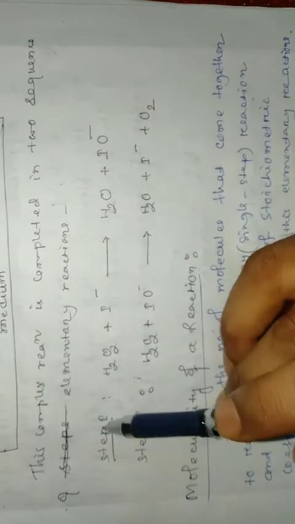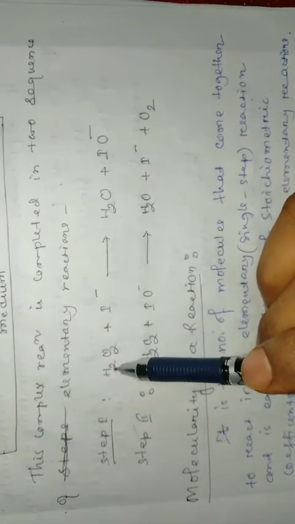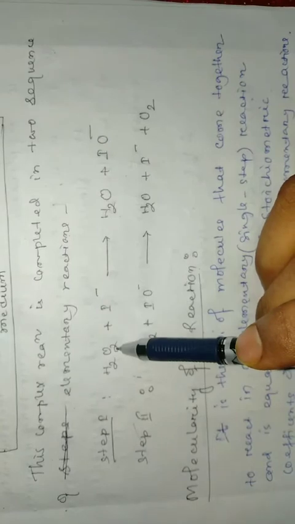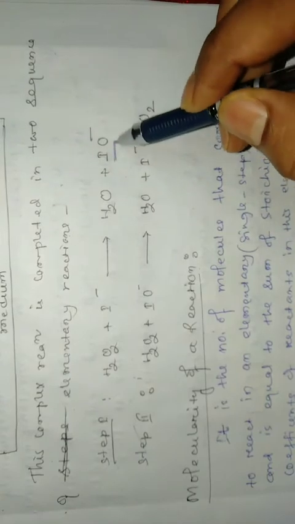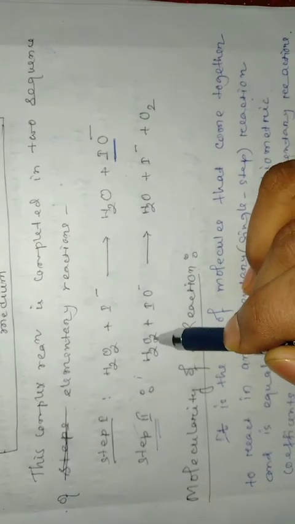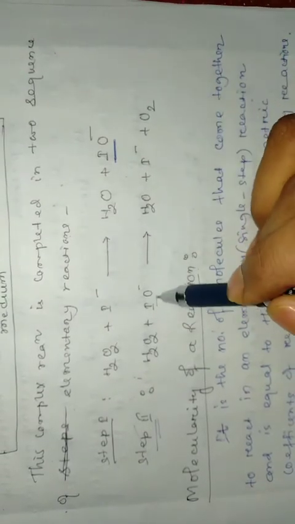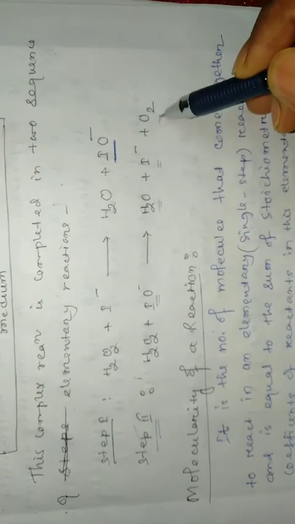The elementary steps for this complex reaction are: first, hydrogen peroxide reacts with iodide ion and produces water, and this is an intermediate. Hypoiodite ion is produced. In the second step, hydrogen peroxide again reacts with that intermediate and produces water, iodide ion, and oxygen.